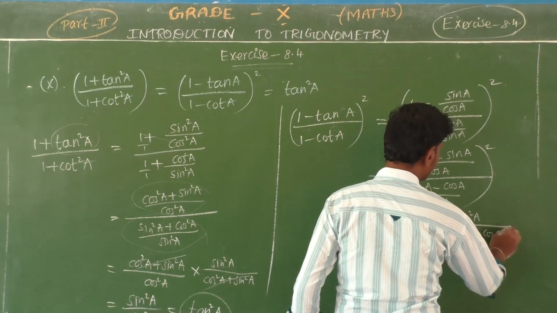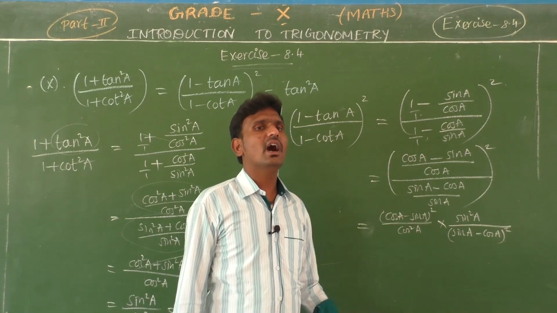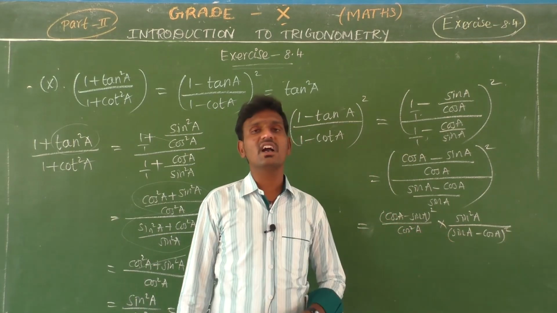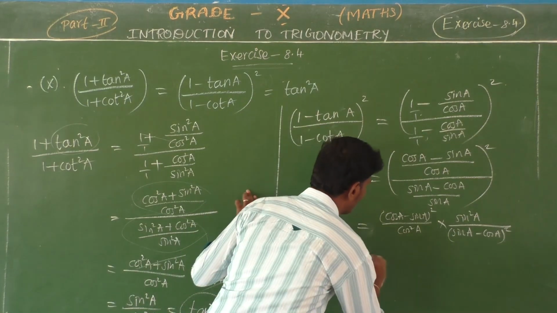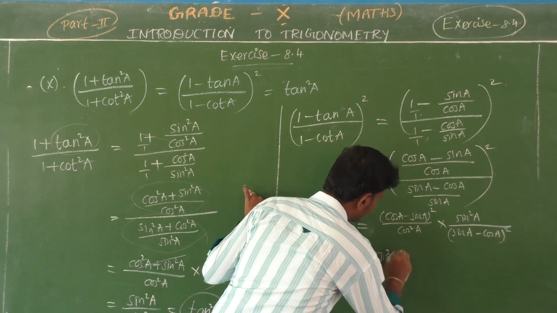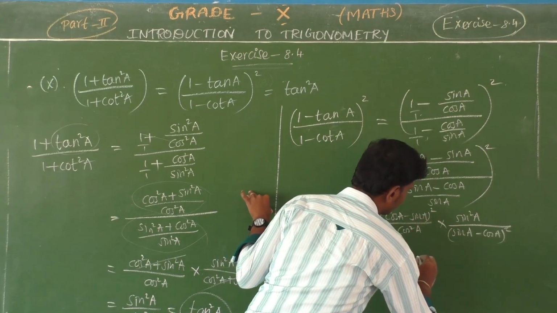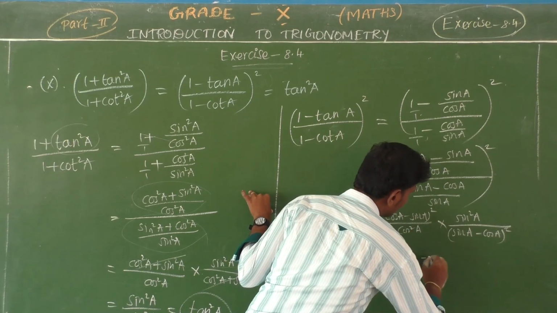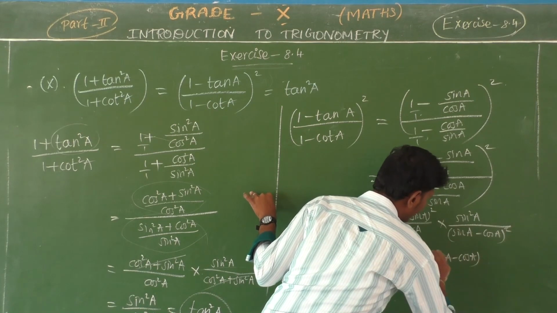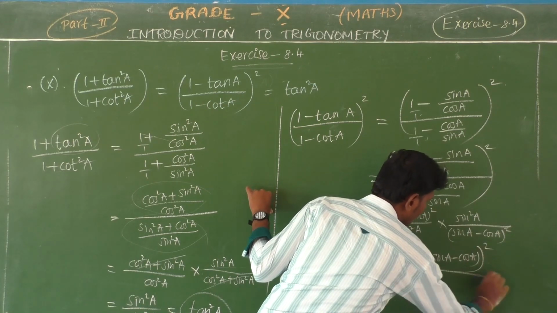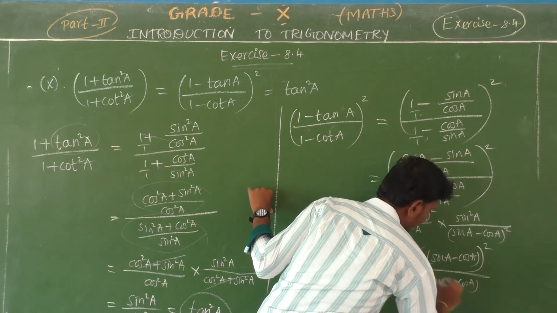See, cos A minus sin A the whole square, or otherwise sin A minus cos A the whole square, on both also the same is coming. Or otherwise take one more step, that is sin square A by cos square A into, we have to combine this. In the numerator I am taking minus outside, so sin A minus cos A the whole square, the whole by sin A minus cos A the whole square.